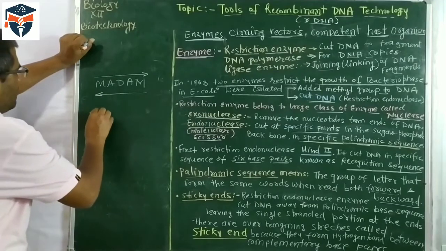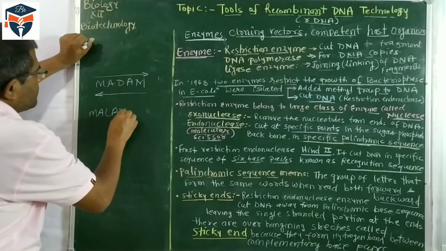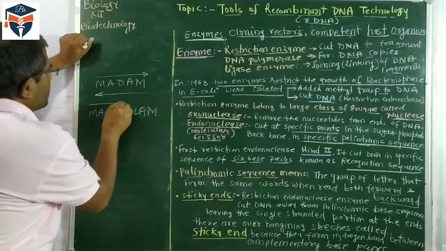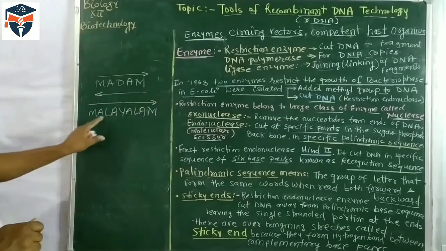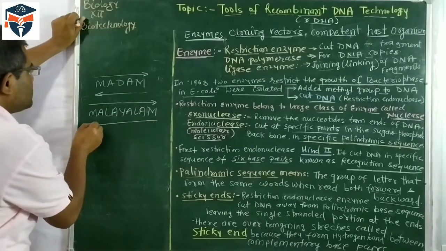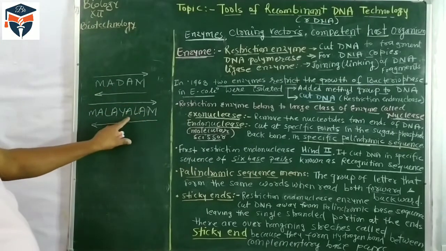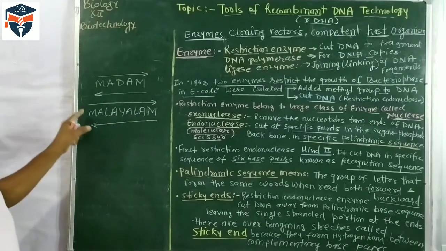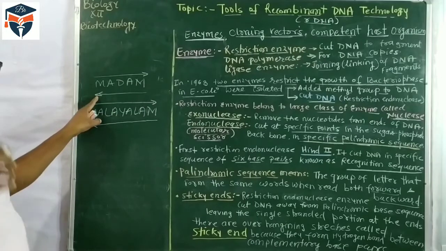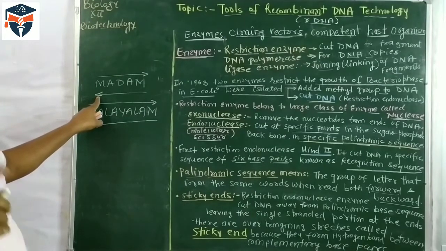Secondly, Malayalam also. Forward you read M-A-L-A-Y-A-L-A-M, and backward the sequence also comes M-A-L-A-Y-A-L-A-M. So forward and backward, the sequence of the alphabet is the same.